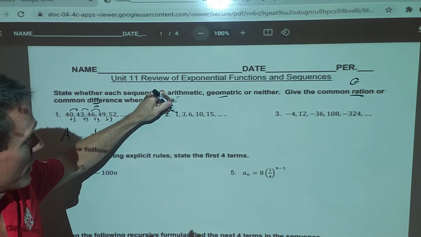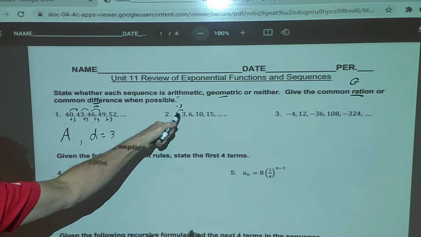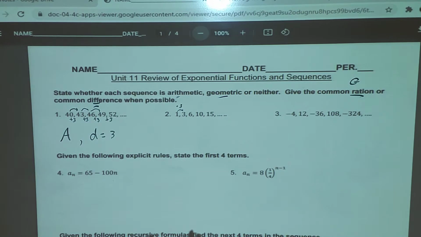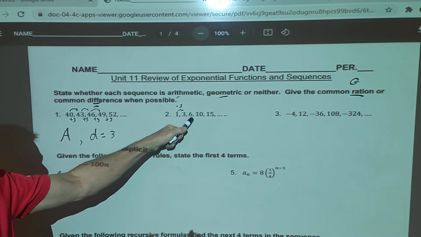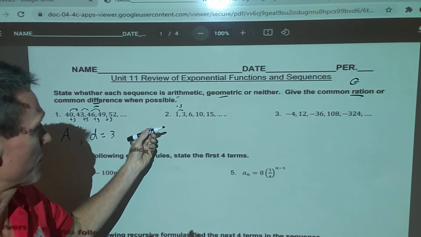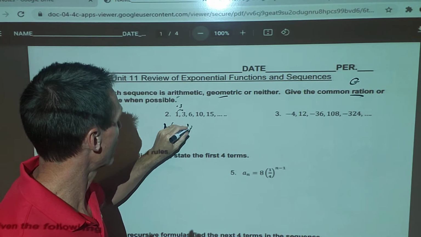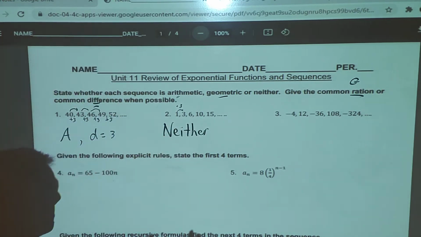To get from 1 to 3, we would multiply by 3. However, from 3 to 6, that is multiplication by 2. So that, again, is not going to be consistent all the way through. That is neither arithmetic nor geometric, neither one.